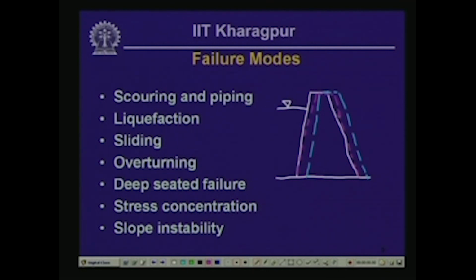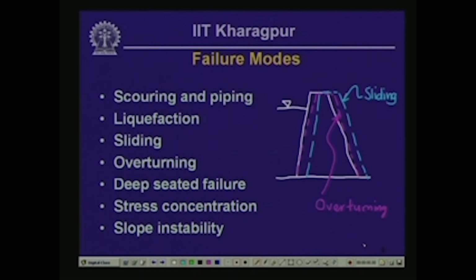So this one here we are going to call overturning, and this one we are going to call sliding. Then there could be deep seated failure, which will lead to the development of a failure surface through the foundation soils underneath the dam.